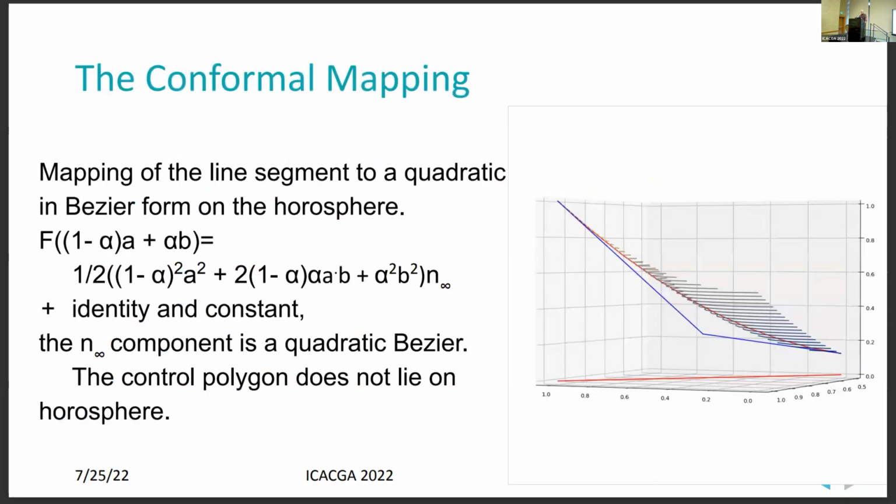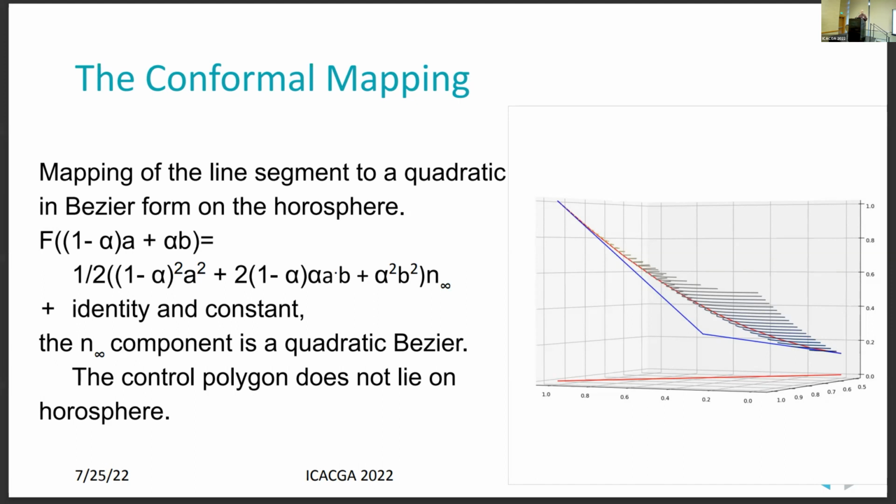If I take now a piecewise linear and map that quadratically, I find that I get a quadratic Bezier curve. I don't know if you paid attention to the form, but you look at that quadratic there, trust me, that is a Bezier Bernstein polynomial, quadratic. The curve lies on the horosphere. The control points don't.